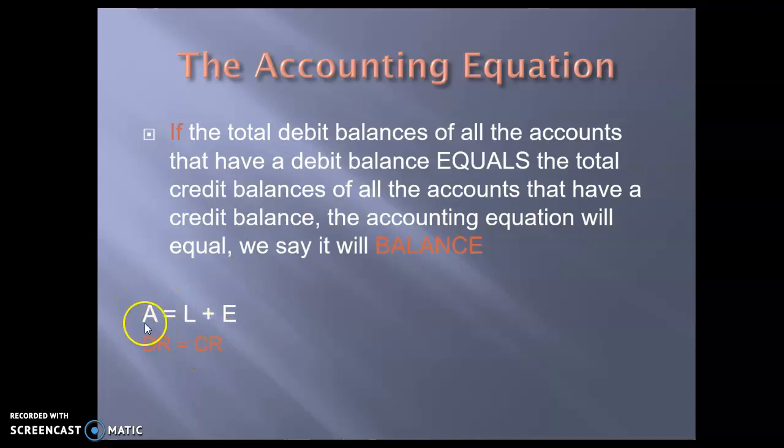That means the total of all our assets should equal the total of all our liabilities and equity. And the accounting equation would balance. If all our debits equal all our credits, the accounting equation balances. And it must balance 100% of the time. So that's what we want.